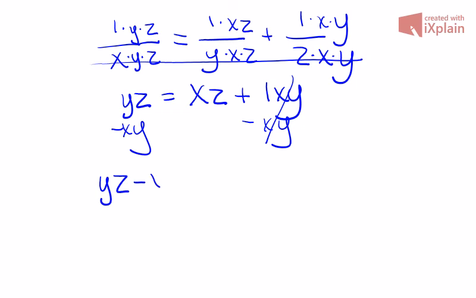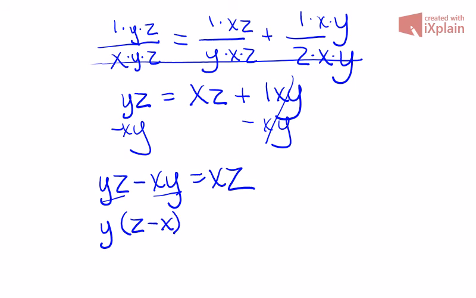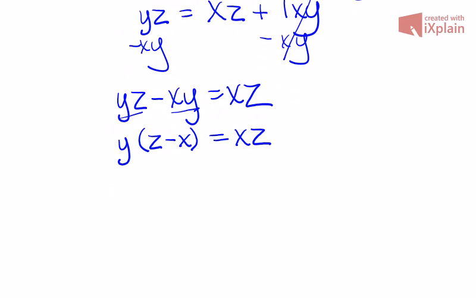So yz minus xy equals xz. Well, these both share a y, so I can undistribute it. y times z minus x equals xz. Meaning at the very end, I can divide, so y equals xz divided by z minus x.